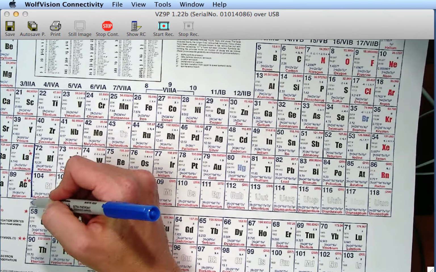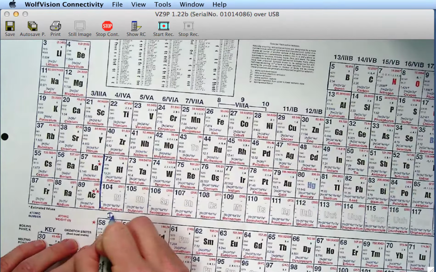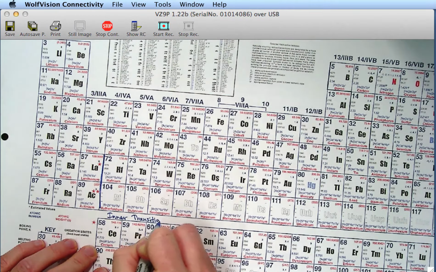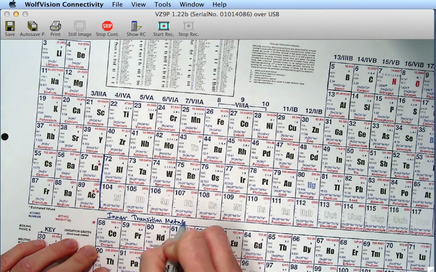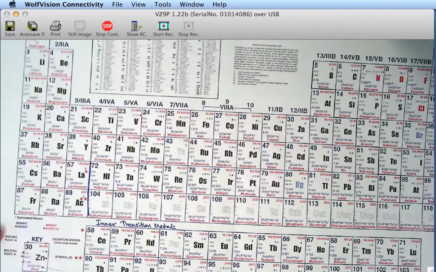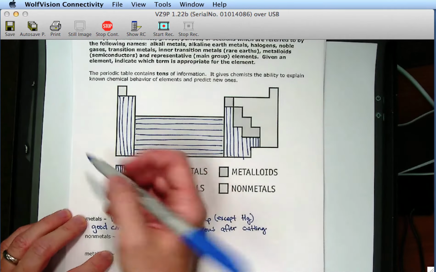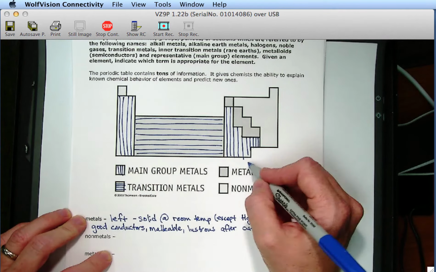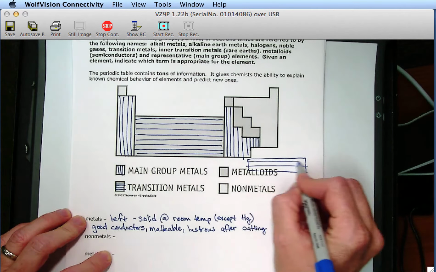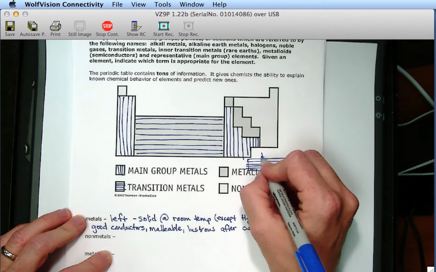So these are the inner transition metals. I'll write this over here. So those are the inner transition metals.